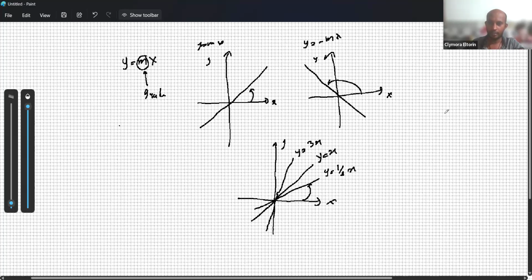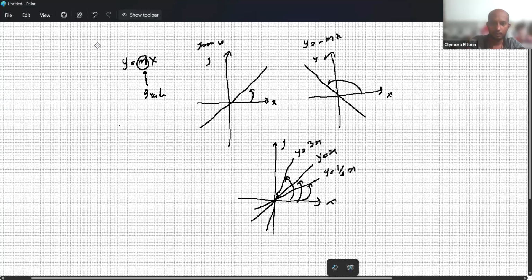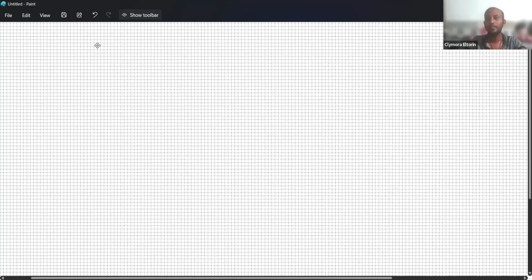If the gradient is increased, the angle will also increase. These are the things we learned earlier.